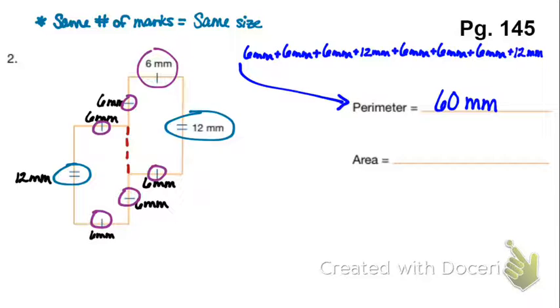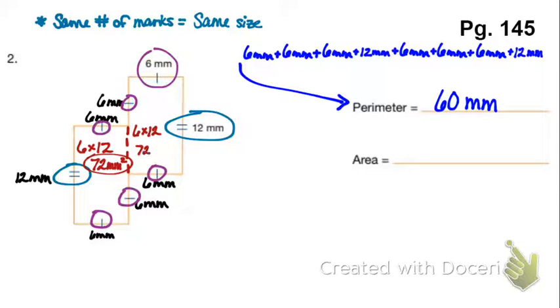What would the area of the left-hand rectangle be? 72. 6 times 12. We'd get 72 what? Millimeters squared. What do you notice about the other rectangle? It's exactly the same. It's a 6 by 12.